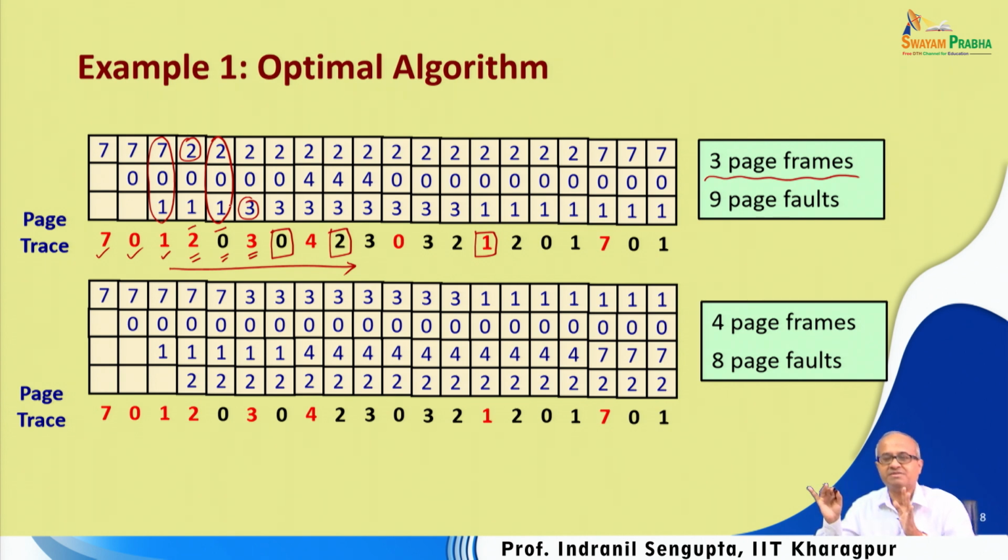So, do this in every step. Among all the pages which are in memory, look into the future page access pattern and see out of these which is the page which will be accessed latest down in the future. Select that as the victim, and the same thing I have followed for all the time steps. And what I have found is that here 9 page faults are happening.